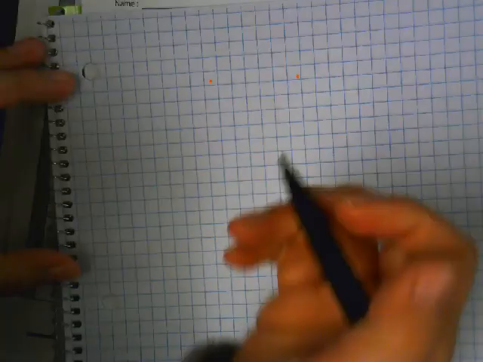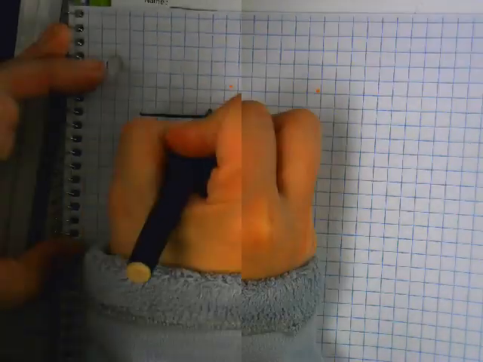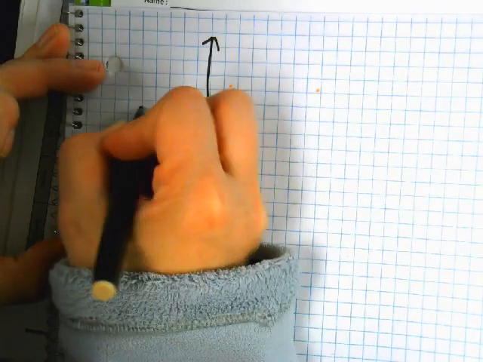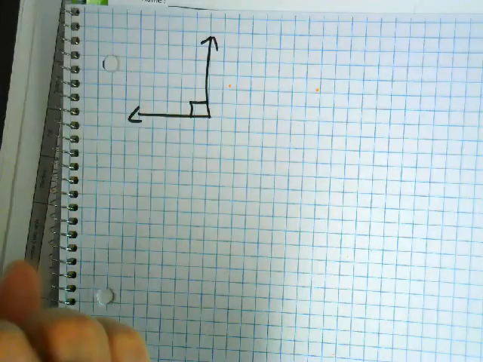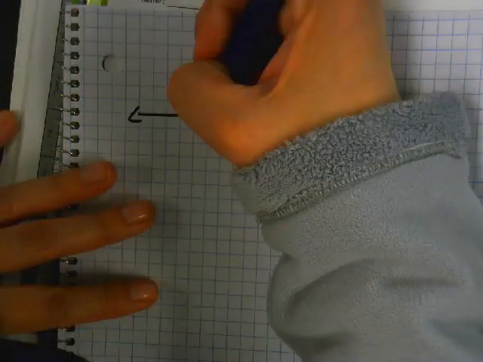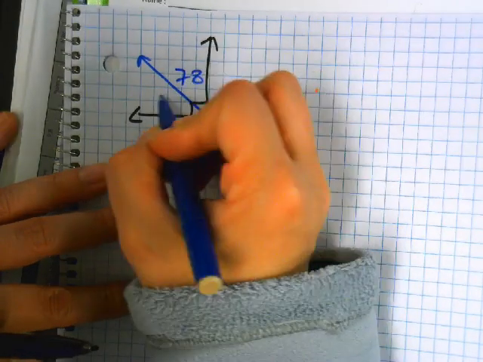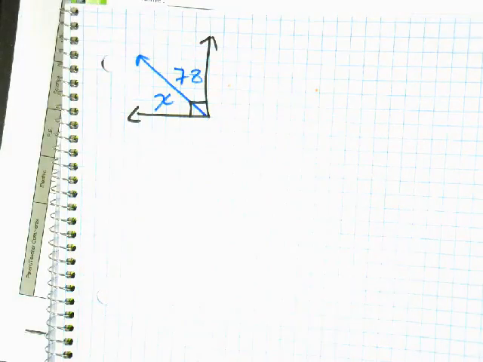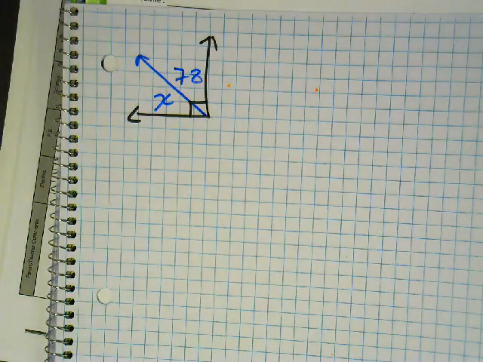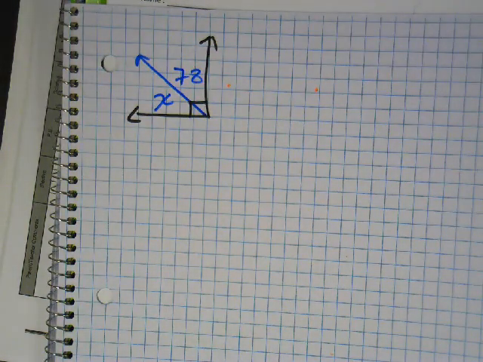Ooh, I'm going to make the L go the other way. Look at that L. It's beautiful. 78 and x. Okay, these are called complementary angles, which means two angles that add up to 90 degrees.